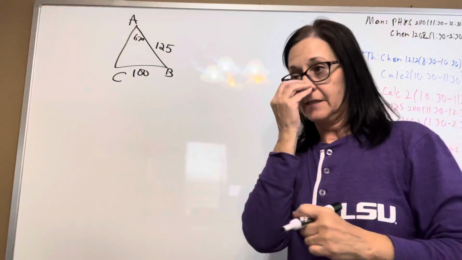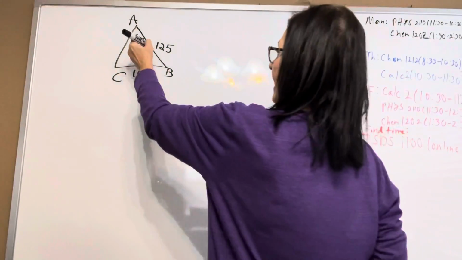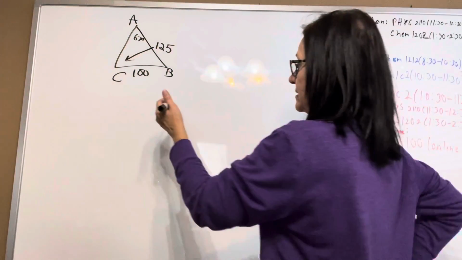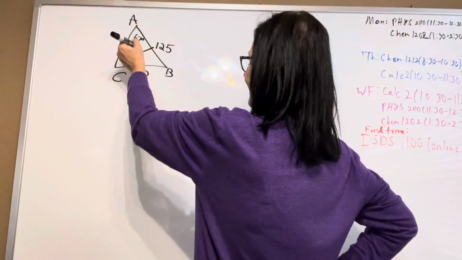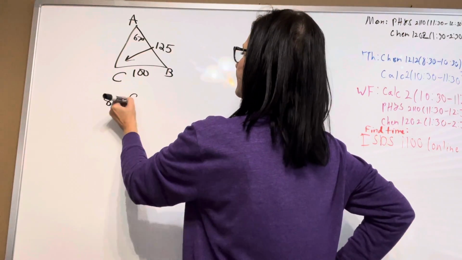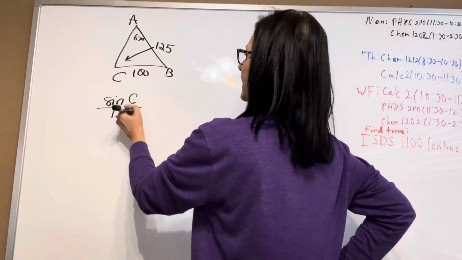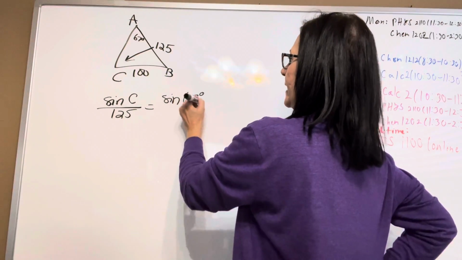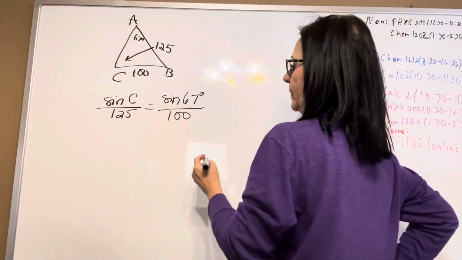All right, first I have to solve for angle C, the angle opposite that side. So the sine of C over its corresponding side has to equal the sine of A over its corresponding side.